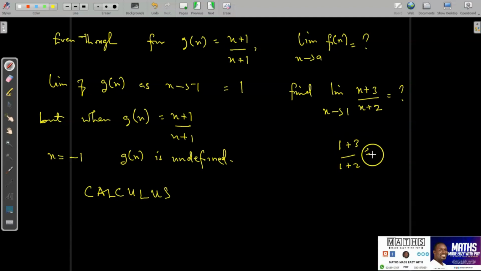Hence, the answer that we're going to obtain will be 4/3. So the limit of x plus 3 all over x plus 2, as x approaches 1, is 4/3.